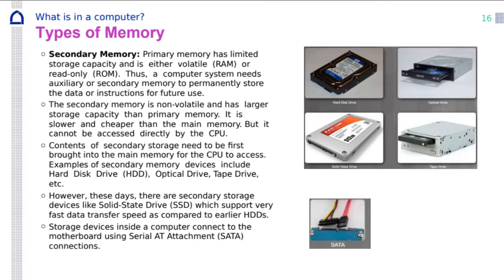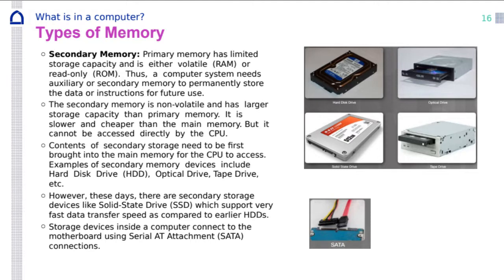The secondary memory, like hard disk, and the secondary memory is it volatile or non-volatile? Non-volatile, because if I switch off my computer, the data on the hard disk is still there, right? So it's non-volatile.